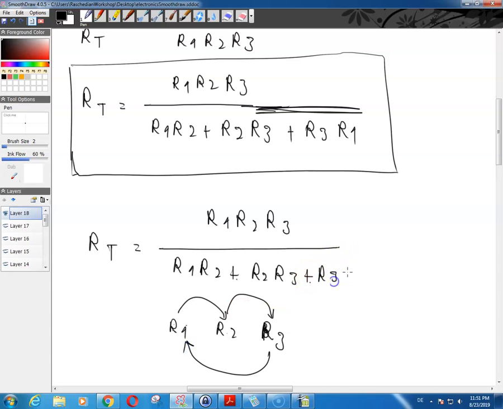That's basically the equation that you can use.